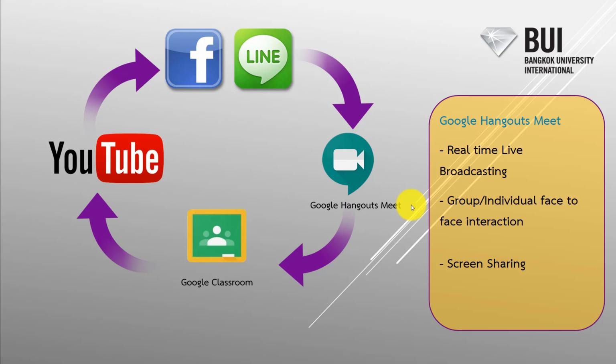Google Meet is a newer version of Hangout, which has extra features, like being able to schedule your broadcast ahead of time. So I use this for real-time presentation and live broadcasting, or I can use it for a meeting as a conference, or I can meet individually.